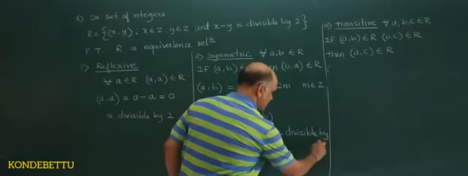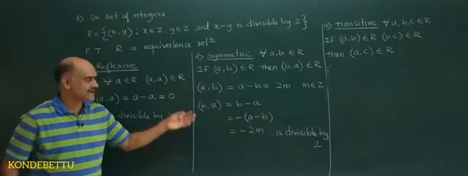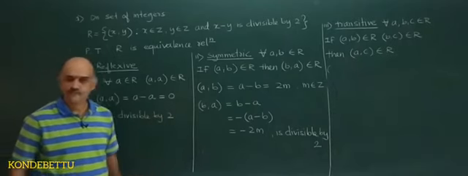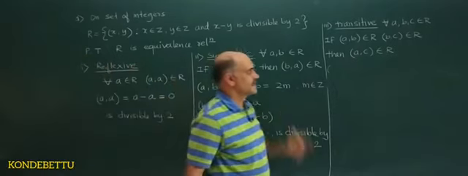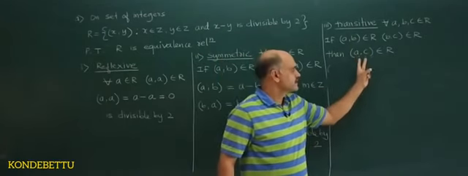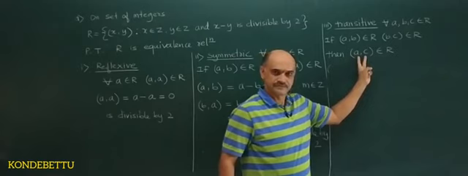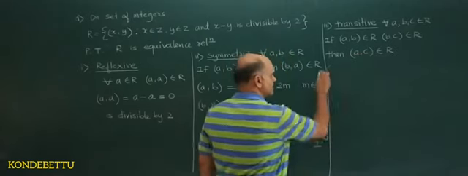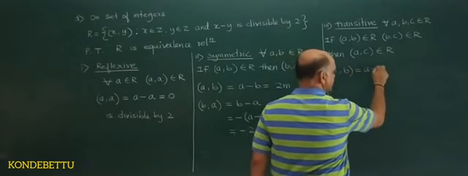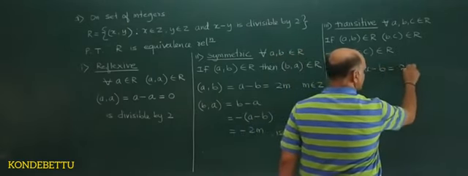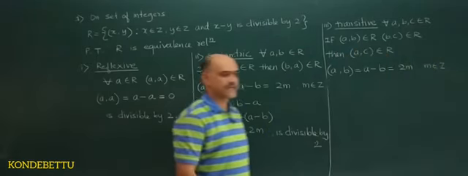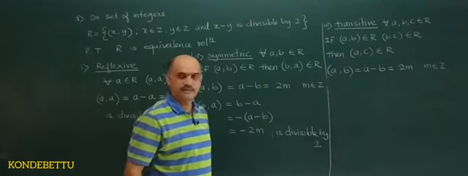Therefore the given relation is symmetric. This is second. Now third, if I take transitive, these two he has given, you are required to show this is true. So (a, b) is equal to a minus b, that is equal to 2m, where m belongs to Z.